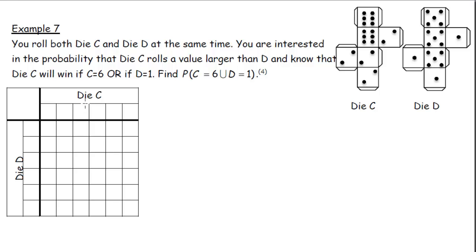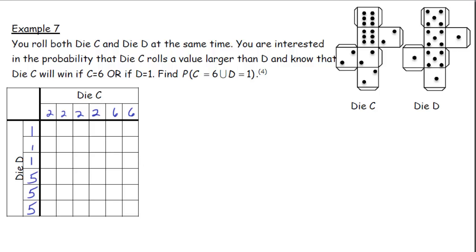So my options for C, I could have a 2, 2, 2, 2, a 6, or a 6. Then my options for D, I could have a 1, 1, 1, 5, 5, and 5. So I want to know when either C rolls a 6 or D rolls a 1.